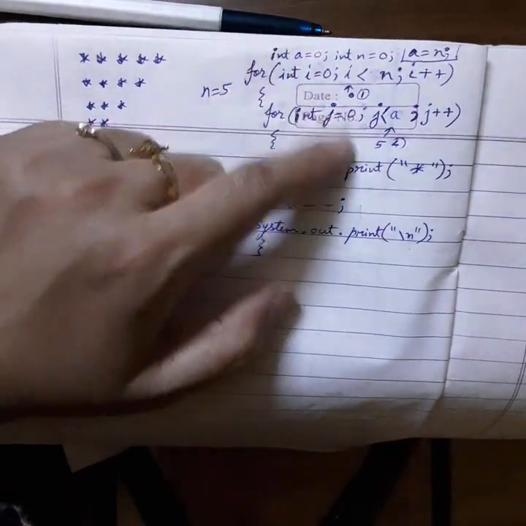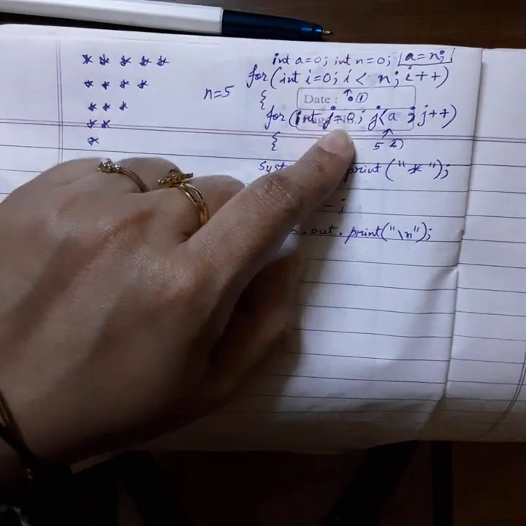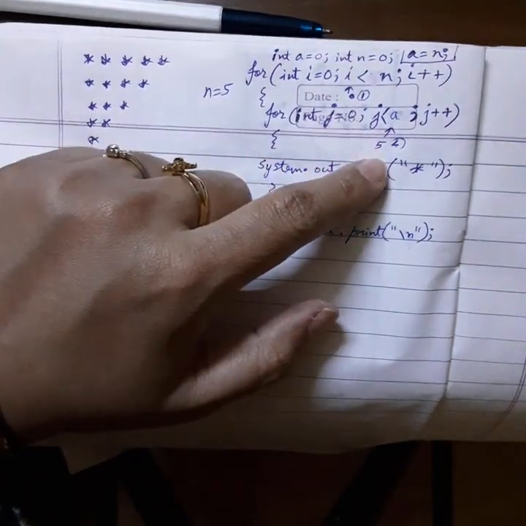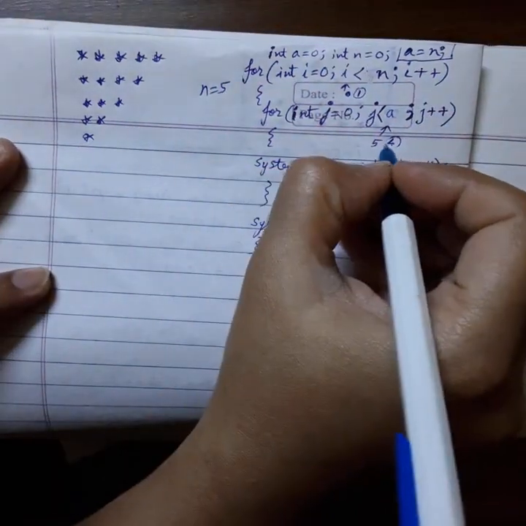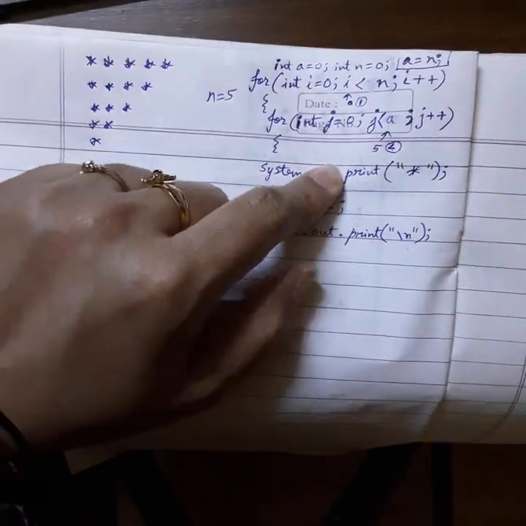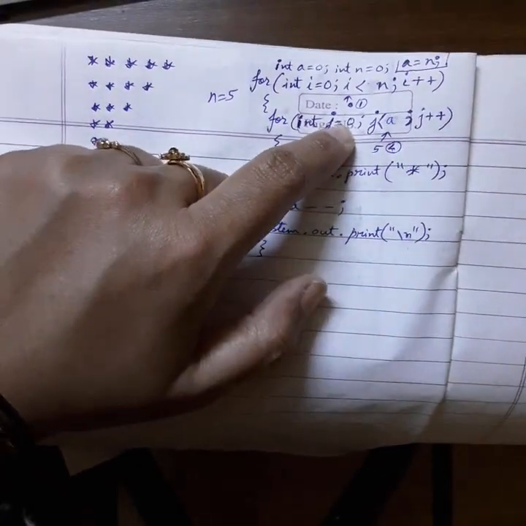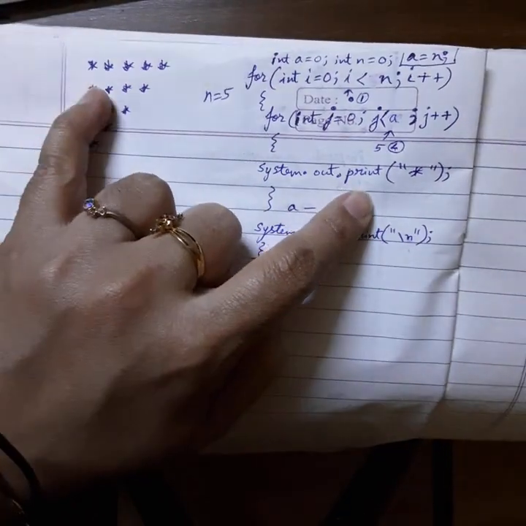Yes. So it enters the loop, and A's value is now 4. So J is initialized to 0. 0 less than 4? Yes. So 1 star printed here.